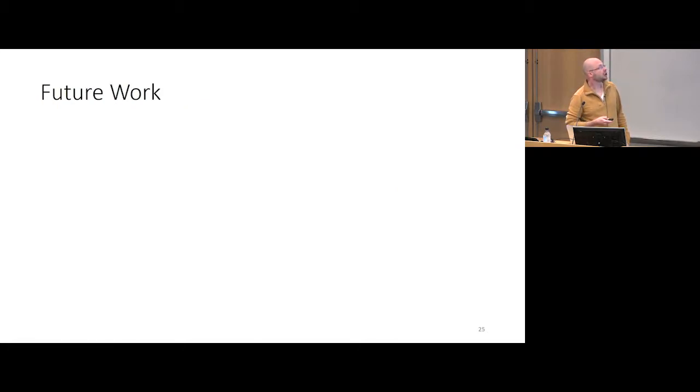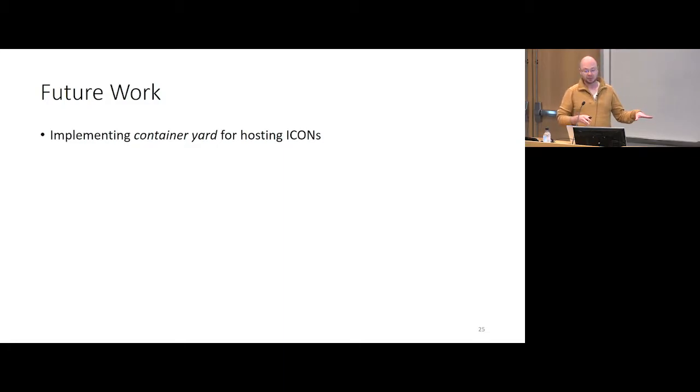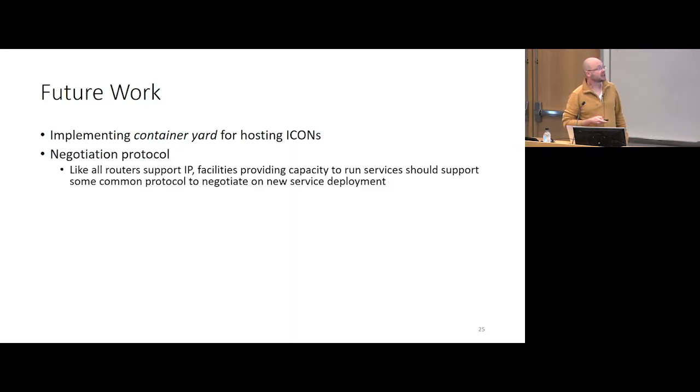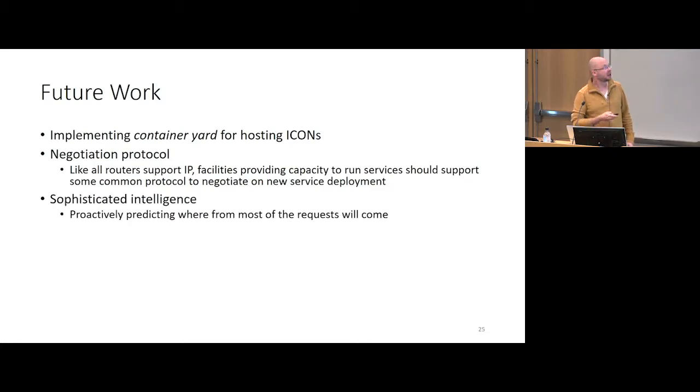So in future, we plan on implementing a container yard application that will build on top of Kubernetes or another cluster management system. We plan to standardize negotiation protocols, so like all routers support IP, all those places capable of running and deploying containers will also support some standardized protocol for how you negotiate if you wish to deploy your service there.